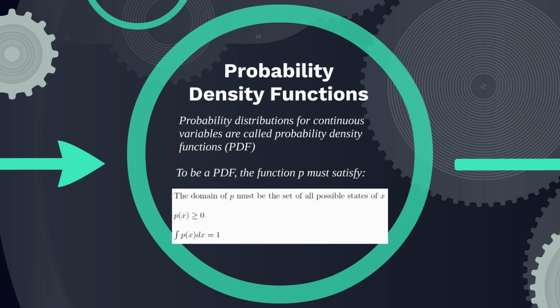So for continuous variables, we can have probabilities that are greater than 100%. And then instead of the summation, since we have a continuous variable here, we're going to use an integral to normalize. So the integration from negative infinity to infinity of p of x dx is going to be equal to 1. So 100% over all of the possible states.